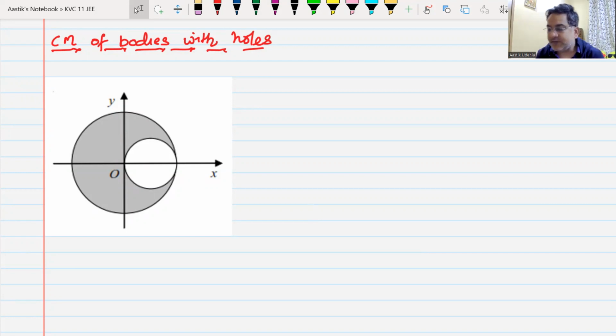Now, first of all, tell me which coordinate of the center of mass do we need to find out here? The x coordinate, the y coordinate, or both, or none? Which coordinate do I need to find out for this body?